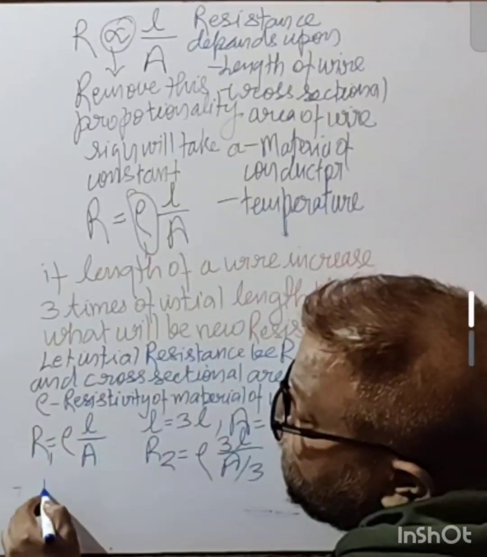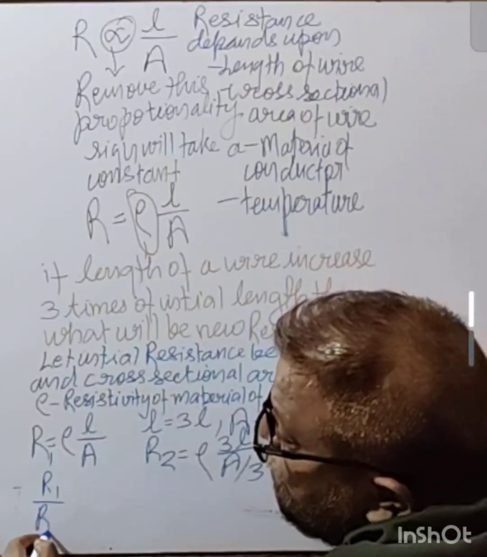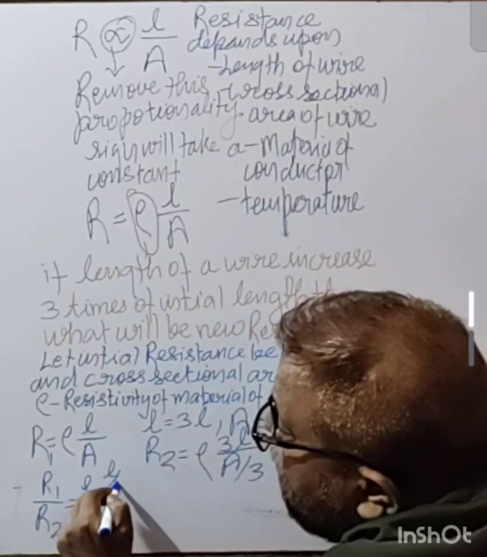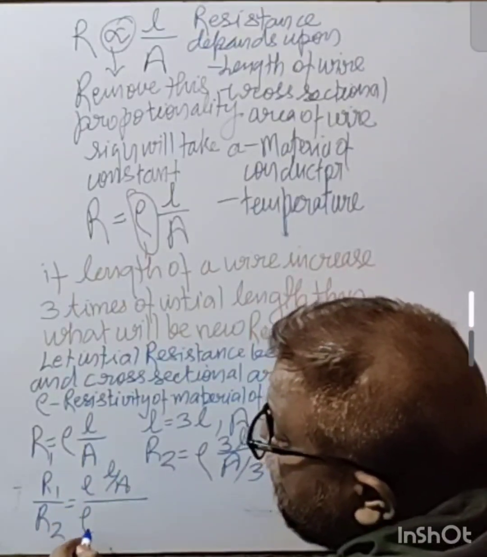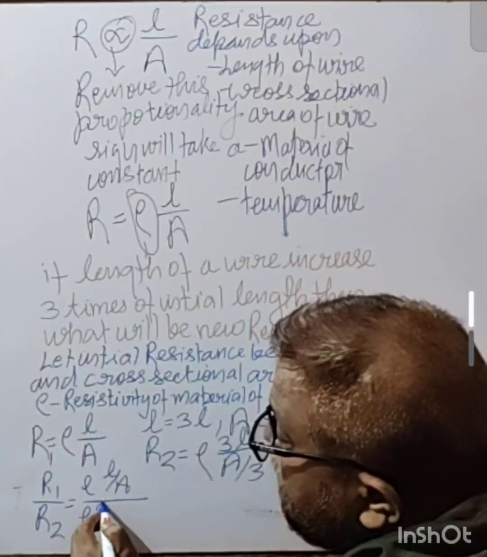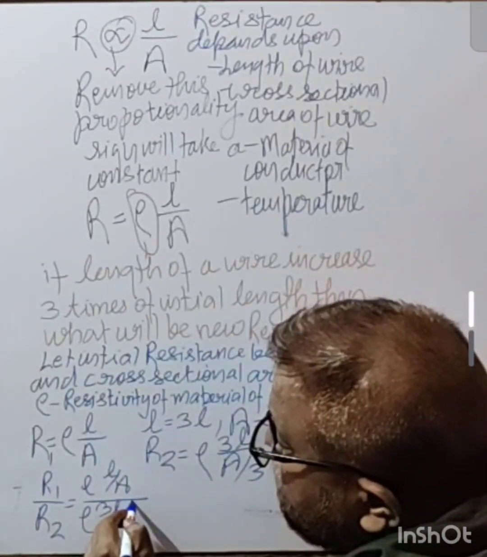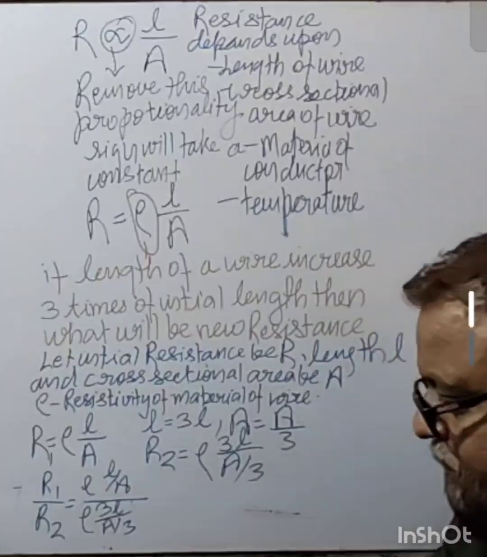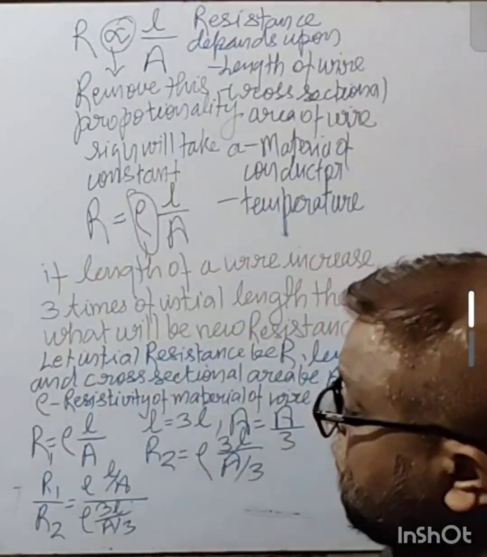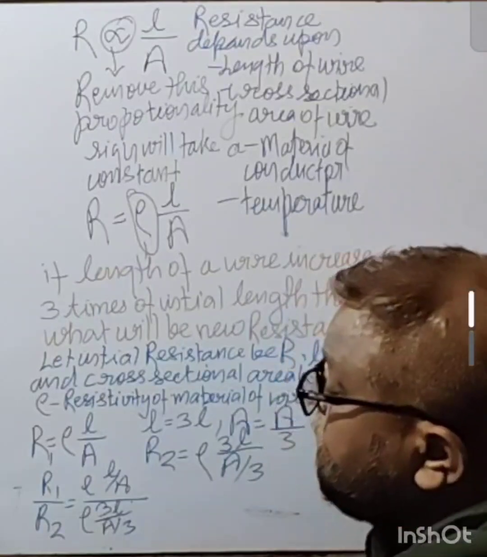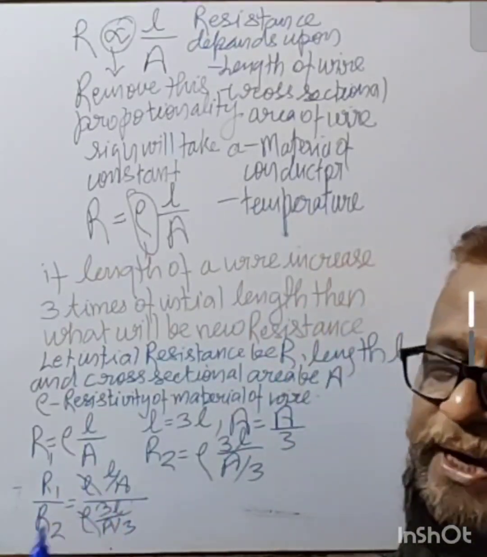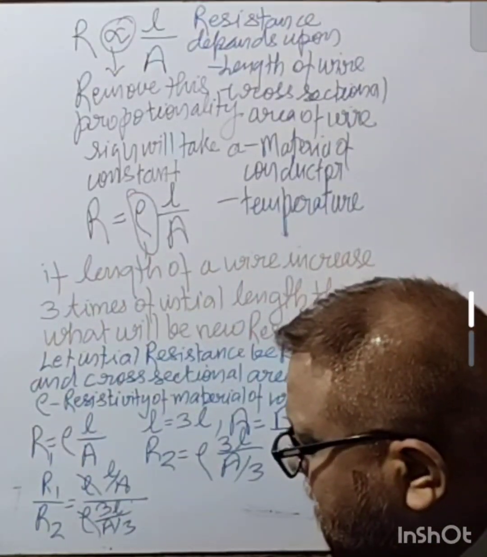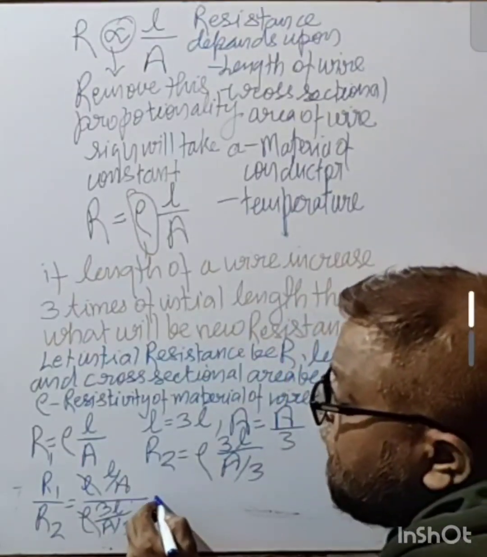If I write R1 upon R2, it is rho L upon A upon rho 3L upon A by 3. So this rho and rho is cancelled out because the material of wire is not changing.